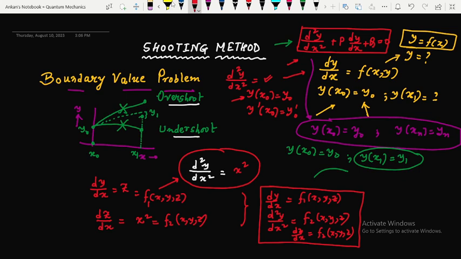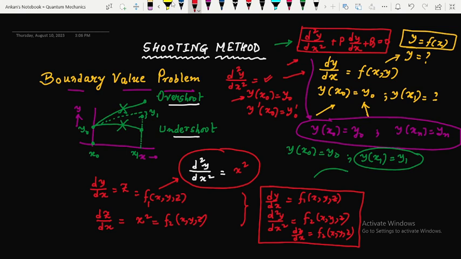So by the iterative method, iterative meaning the repetition of the procedure that you are doing, at last you can obtain the actual solution point.